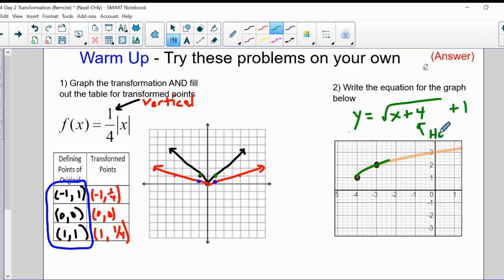Remember that this is a horizontal shift, and horizontal shifts basically look the opposite of what you see. So you see the plus 4, it's going to go to the left 4. And then this one's the vertical shift right there.